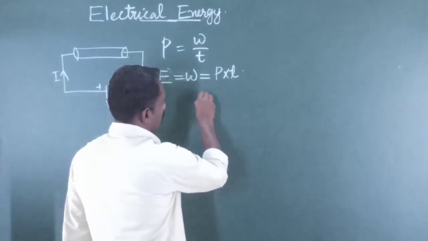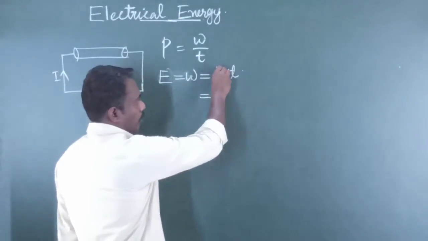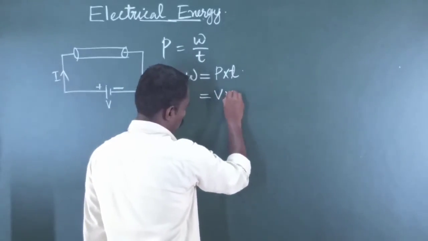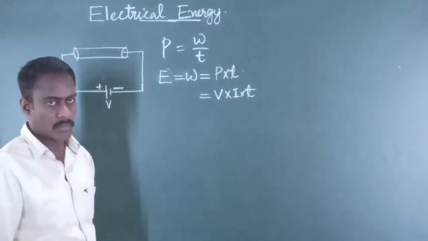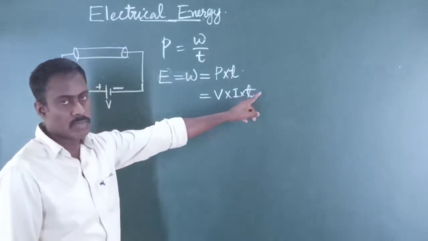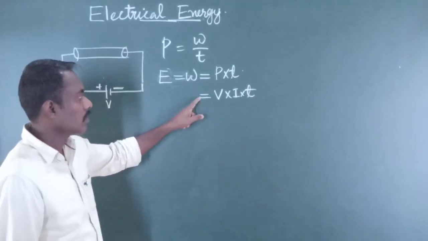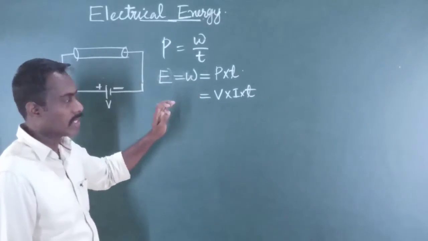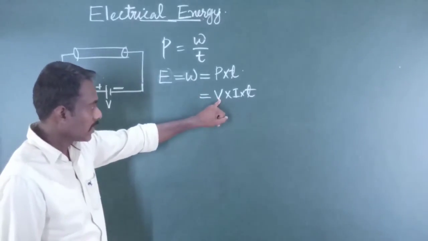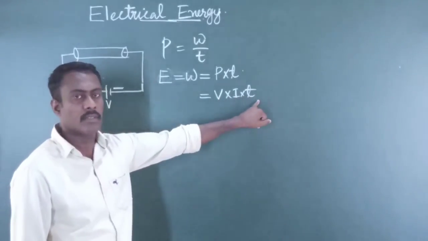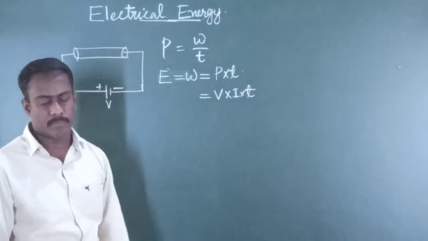Also we know from the three equations that P can be written as V into I, so E is equal to V into I into T. So the total work done for maintaining the flow through a conductor is the potential difference applied, the electric current flowing, and the time.